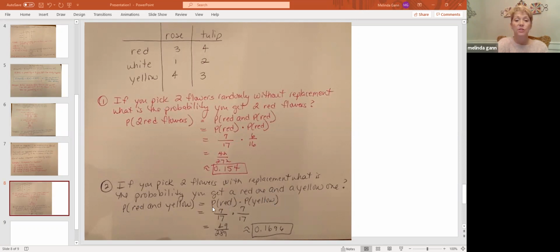The first time I go in, there are 17 flowers. Of those, there are 7 red. Now, what am I doing with this one red flower? With replacement, I'm sticking it back in. So when I go to pick, there are still 17 flowers because I put it back. Of those, how many are yellow? It just so happens there are also 7 yellow ones. So that's why I got 49 over 289, rounded off.